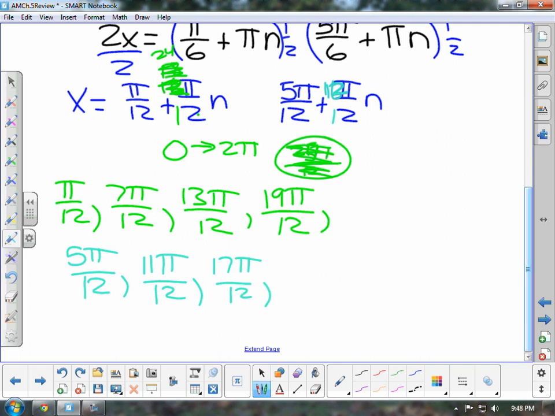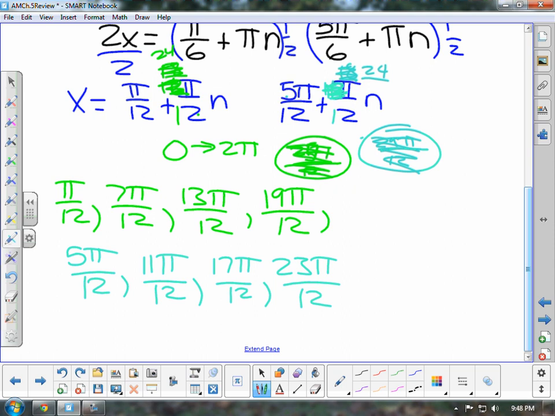Adding another 6 pi over 12 would make this 18, and 18 plus 5 is 23 pi over 12. And then adding another pi over 2, that would make that 24, and 24 plus 5 is 29 pi over 12, and that is outside of 2 pi, so we don't need it. So we have 8 angles that fit the criteria for this particular equation.